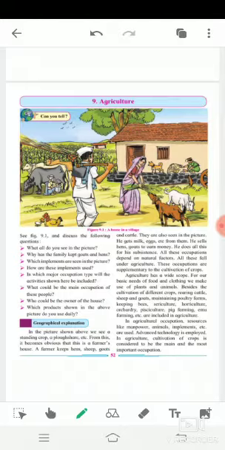Agriculture has a wide scope. Cultivation of crops is considered the main and the most important occupation in agriculture.